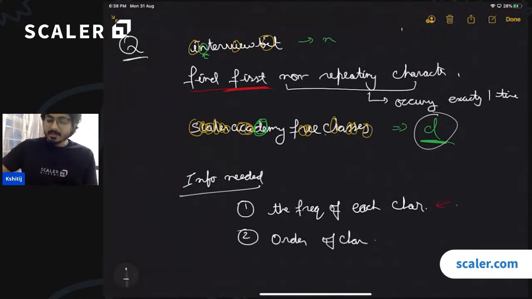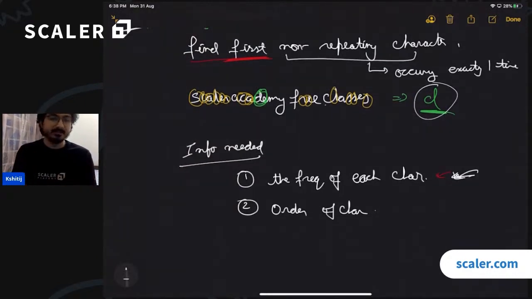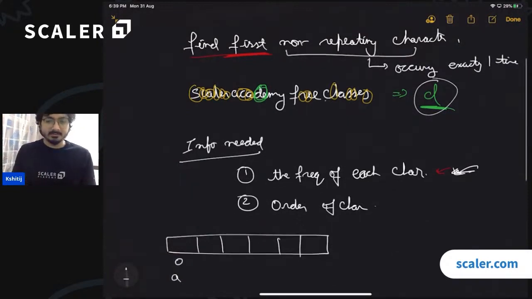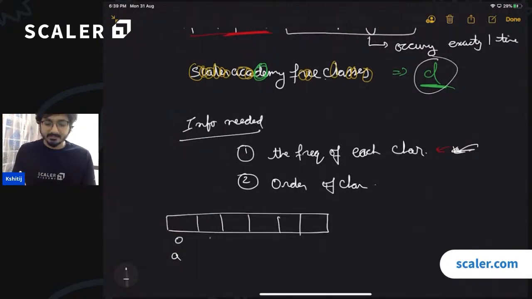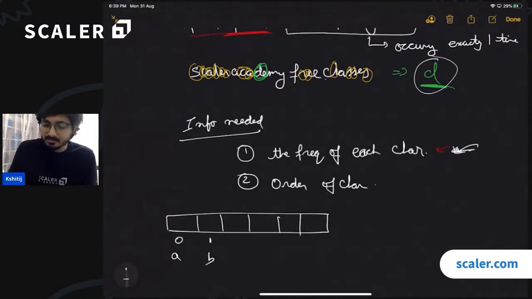So now, how can I compute the frequency of each character? Is there a very easy way to do that? You can use a hash map, or you can even use an array of size 26. That will also suffice. If you are using an array, index 0 will correspond to the frequency of character A, index 1 will correspond to the frequency of character B. So if this is a string of only lowercase characters, then you can use an array of size 26.